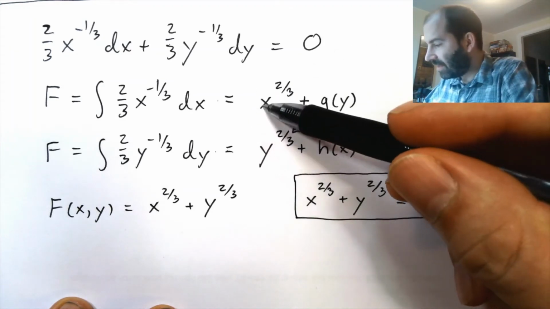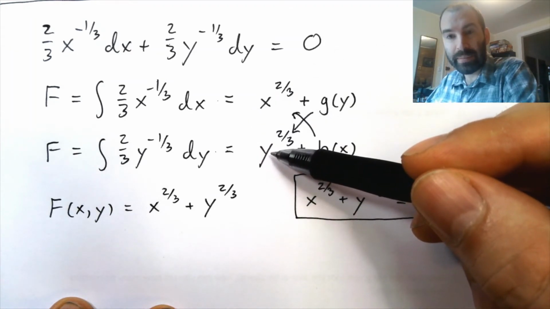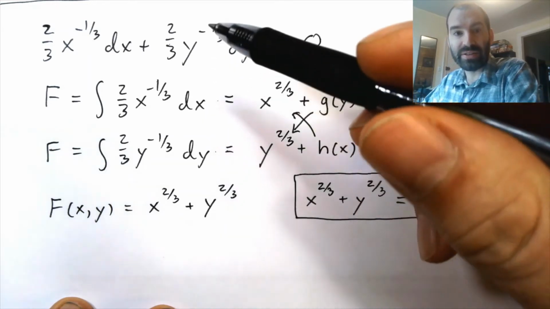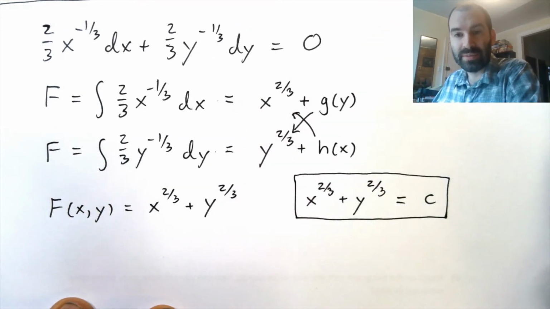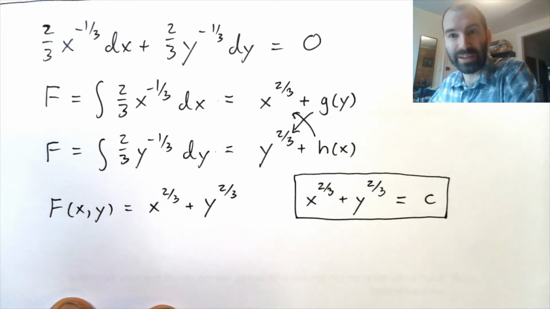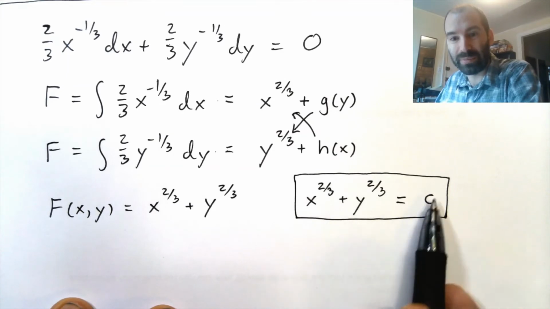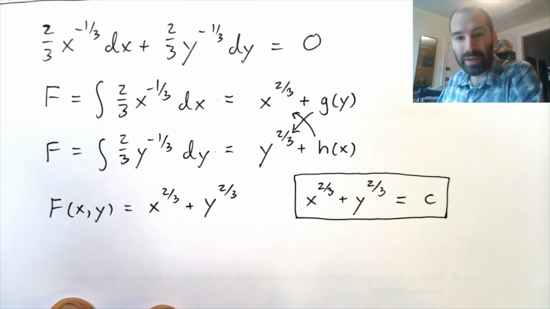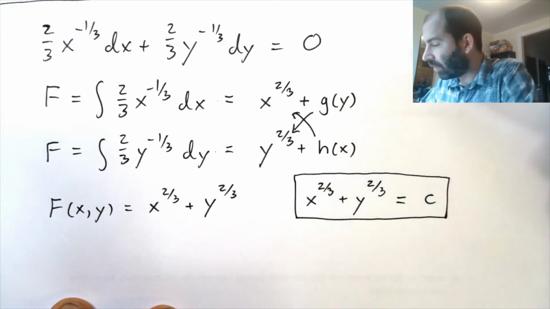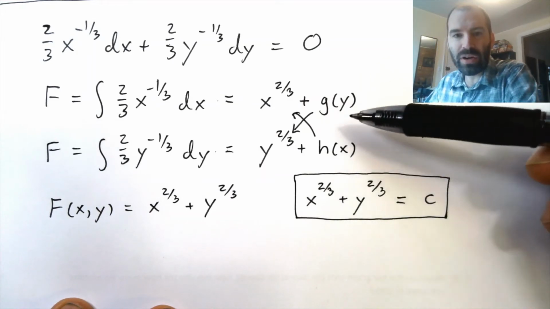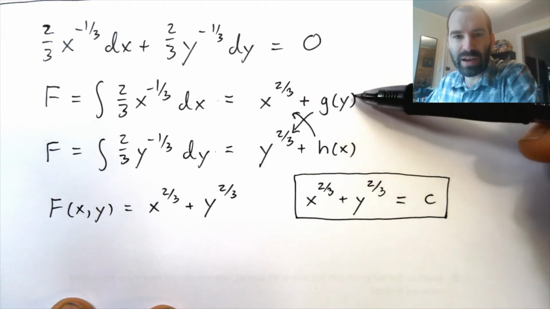The fact that these agree and that I can match them up is telling us that this differential equation is exact. Okay, it exactly came from, one way to think about it, some expression like this. Now, one thing you might be thinking is that I could have also put a plus c in here too.